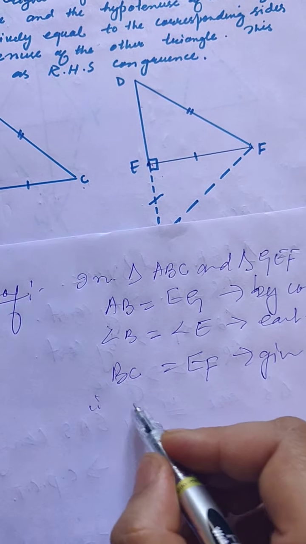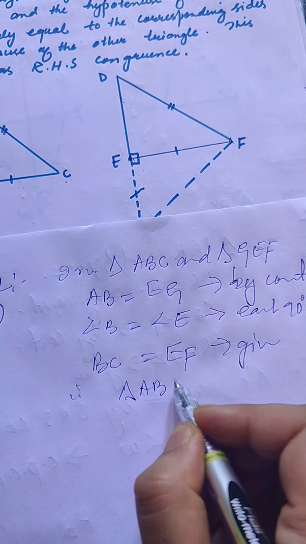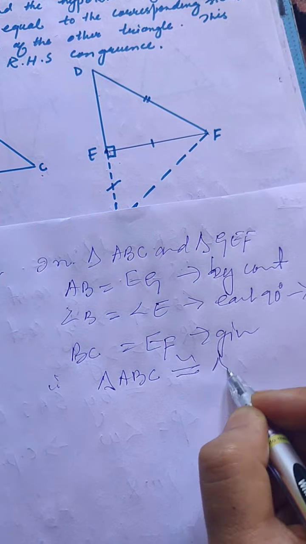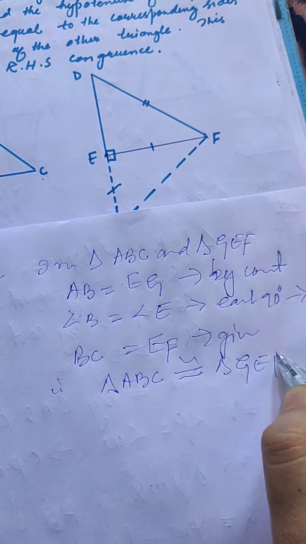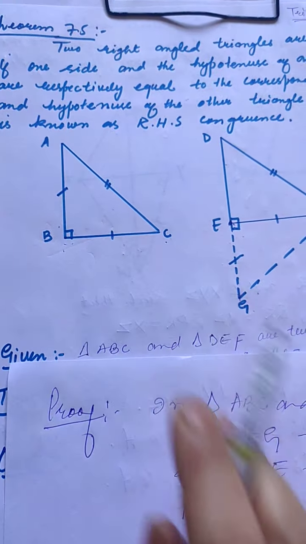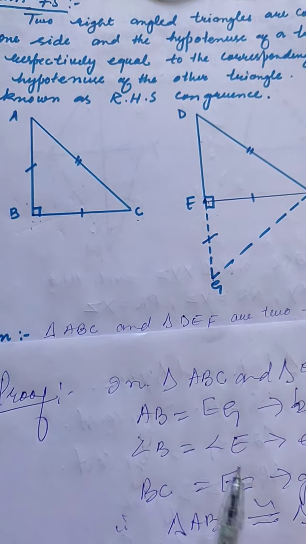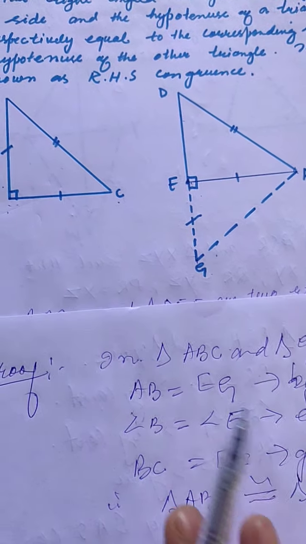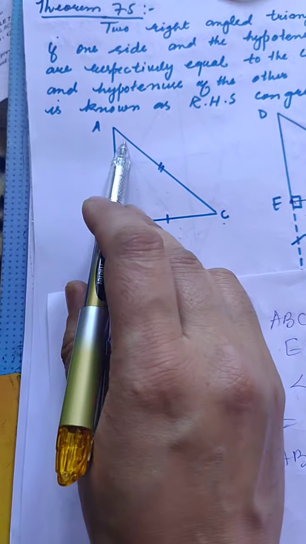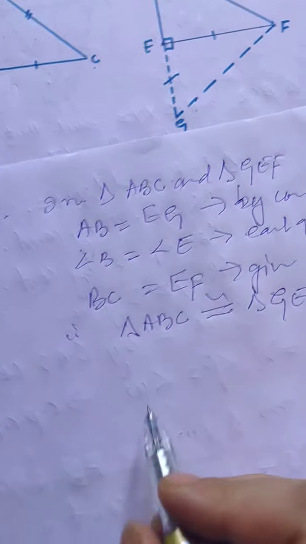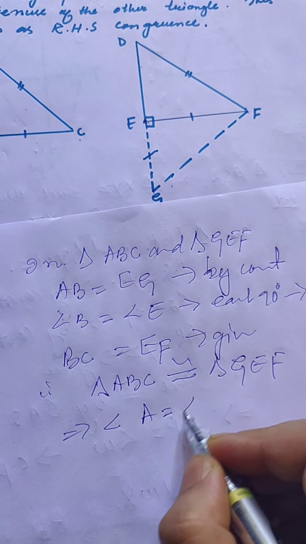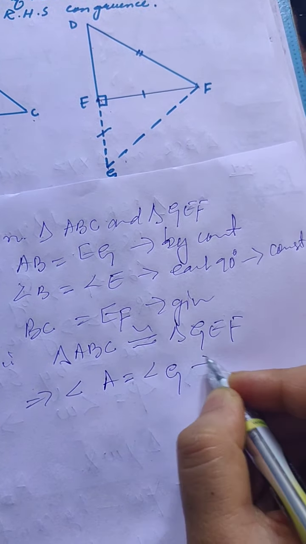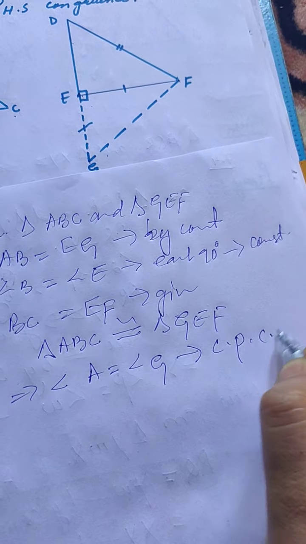So the triangle ABC is congruent with triangle GEF. So if these two triangles are congruent, then their corresponding parts are equal. Here I have to take angle A is equivalent to angle G. CPCT.